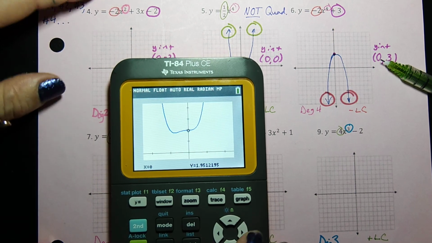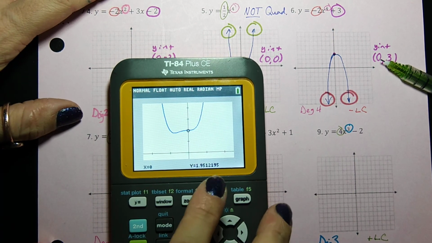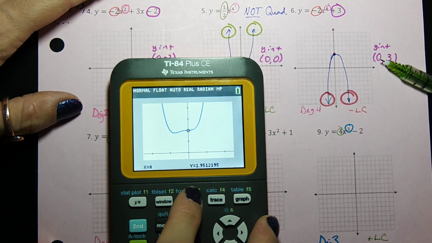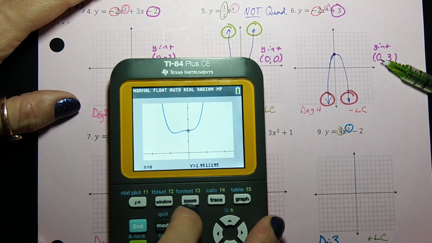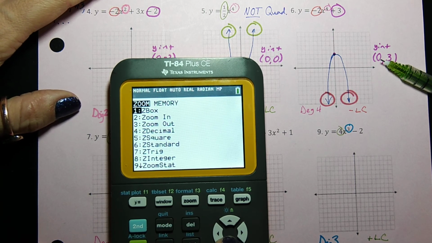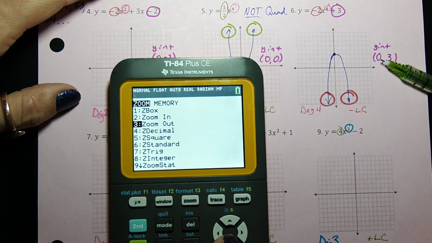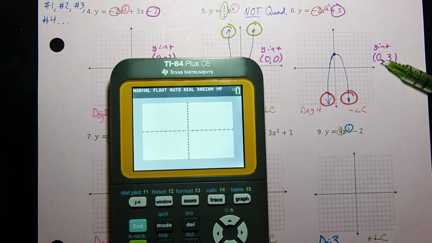Now, folks, if you did try zooming in, I still recommend that you always reorient your graph to a 10 by 10 by hitting zoom standard. So zoom button, and then option 6, which is zoom standard.